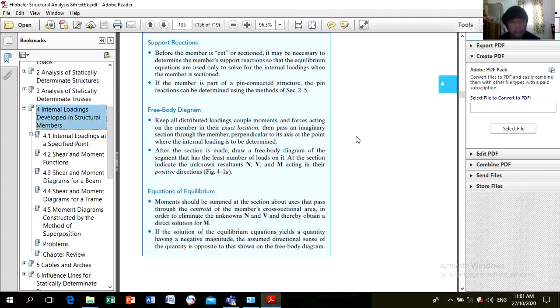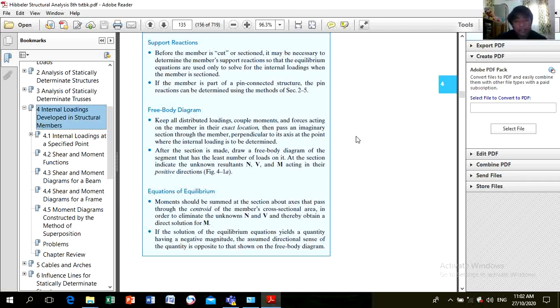So, for example, if you already identify where you need to know the internal loadings, just draw an imaginary line. Whatever the loadings originally were, do not change or modify them.